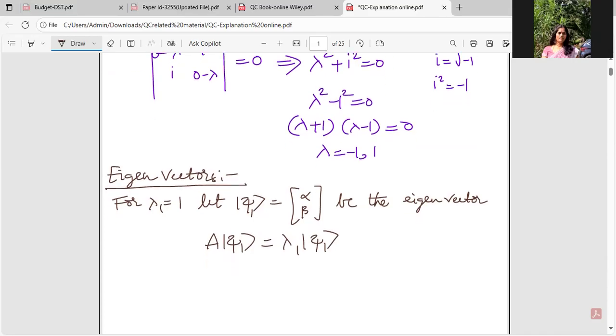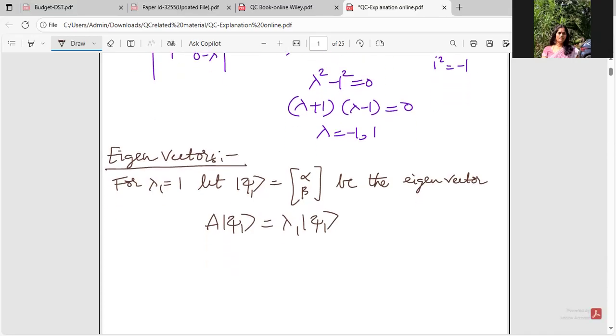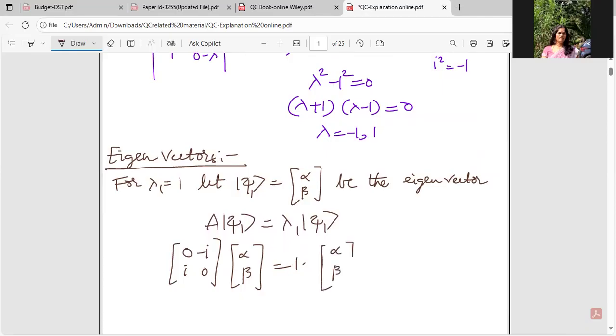So I'll proceed. I'll be having 0, i, minus i, 0 times ket xi 1, which is alpha, beta. I have considered lambda 1 to be 1, so the RHS also will be alpha and beta.